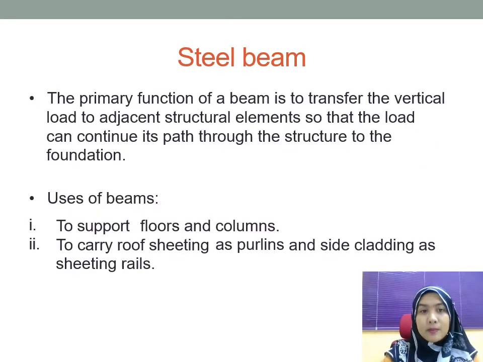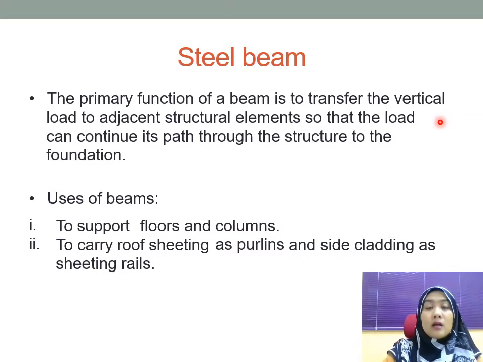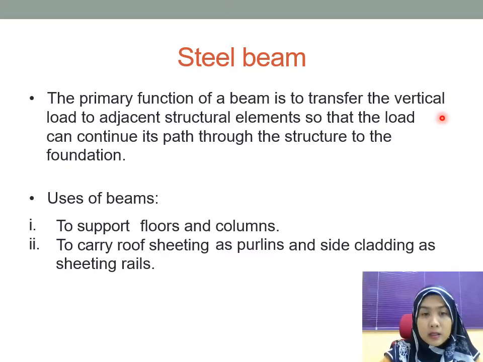So what is steel beam? The primary function of beam is to transfer the vertical load to the adjacent structure element, normally column, so that the load can continue the path through the structure to the foundation. The uses of beam is actually to support floors and columns, and also to carry roof sheeting as purlin and side cladding as sheeting rails.